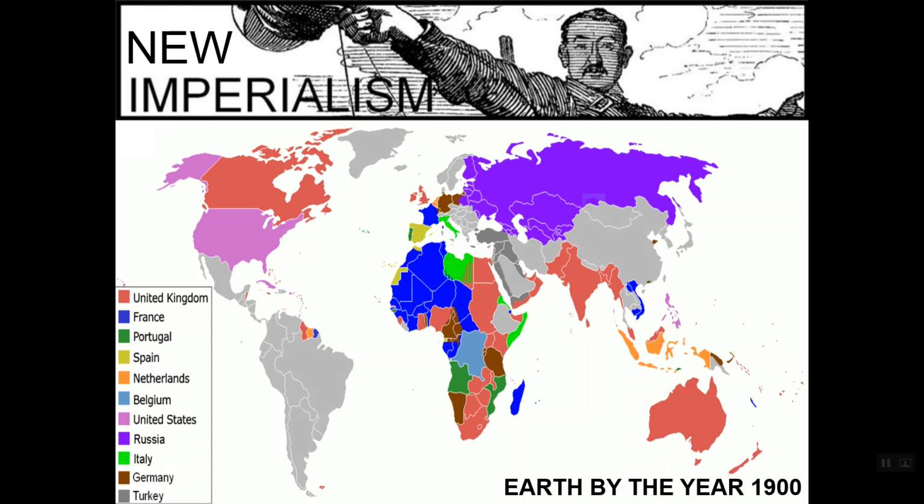All of a sudden, the Americas stay intact with these exceptions here. But the new imperialism is really deep in Africa, India. Now, the Americas and China are part of what we call economic imperialism, which we'll also discuss in this unit.